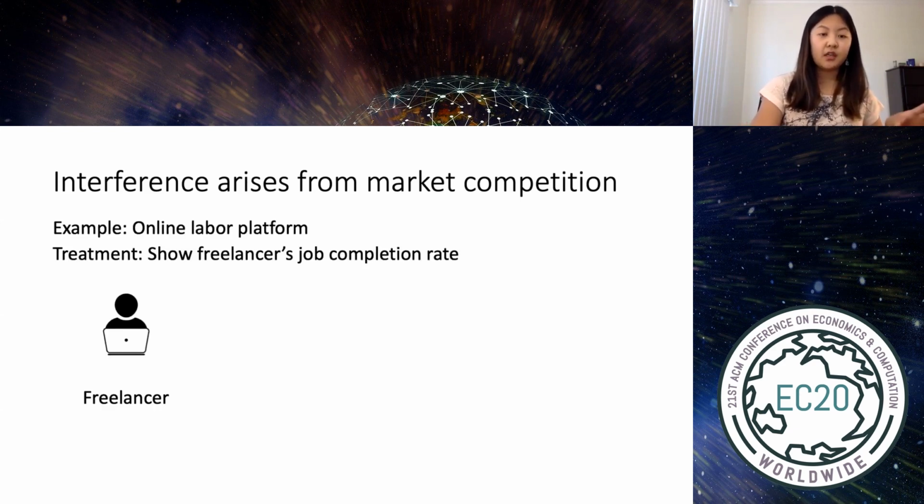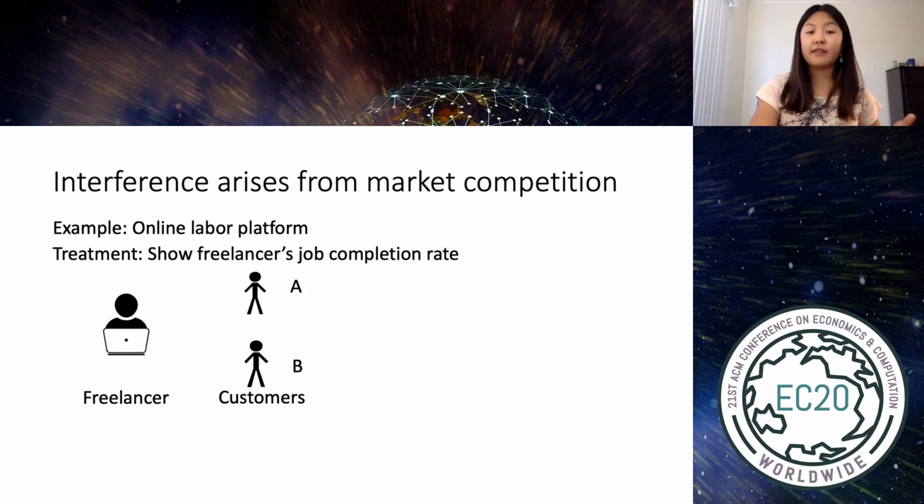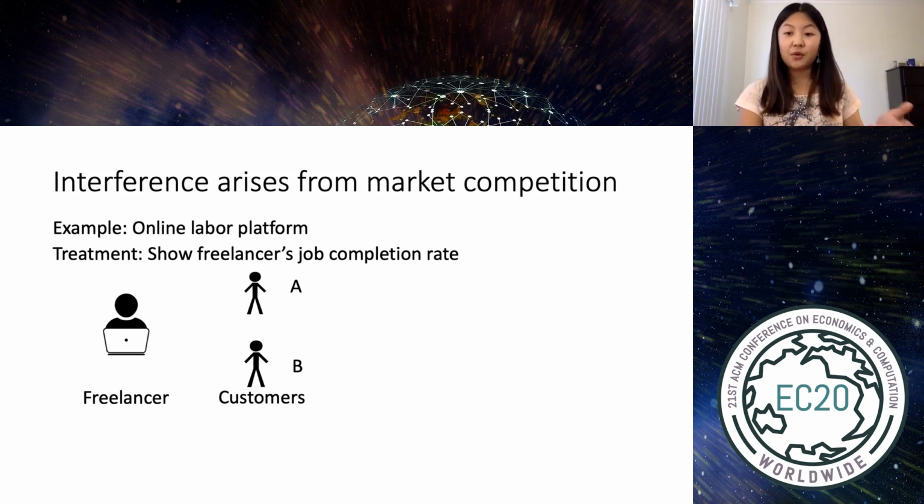Let's consider a toy example. Say we have an online labor platform with one freelancer and two customers. And suppose the online labor platform wants to test this new feature where they show the freelancer's job completion rate. They want to see what impact showing this has on the market. And so they run a customer-side experiment.